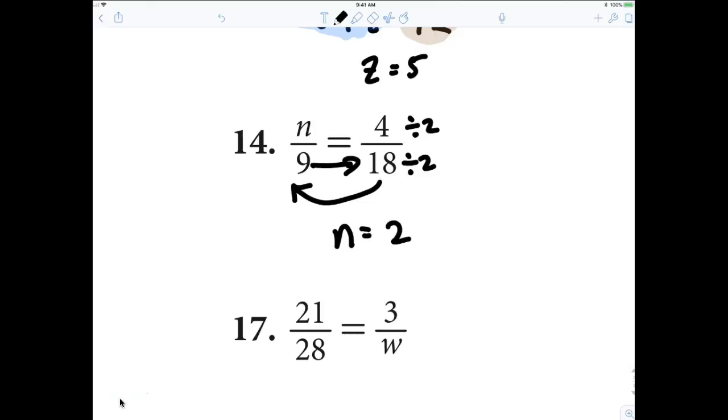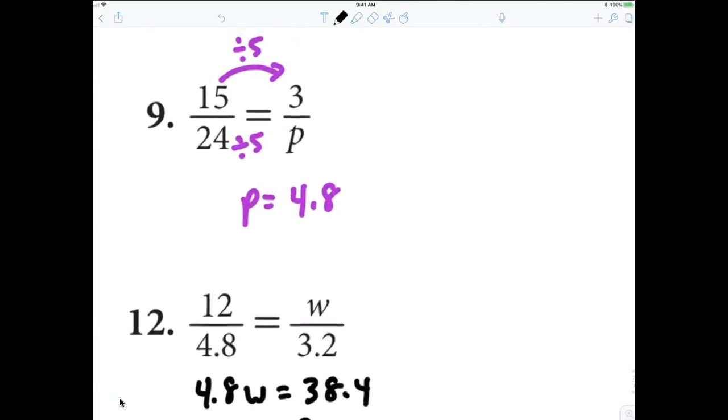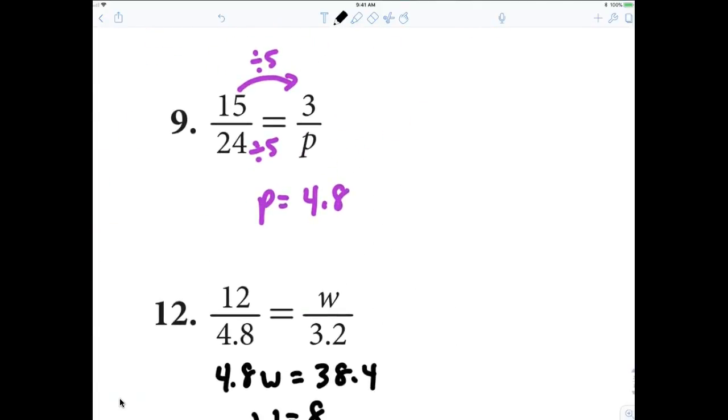You're starting with this fraction and going to the unknown. You're starting here, and you're going to here, because I'm trying to figure out what this is. Just so you can see the difference, you're going from 15 to 3, not from 3 to 15.